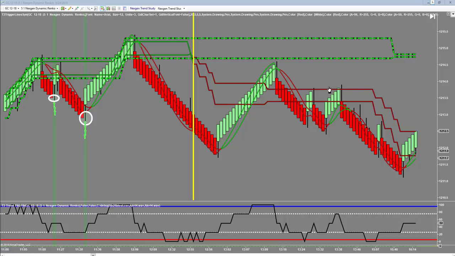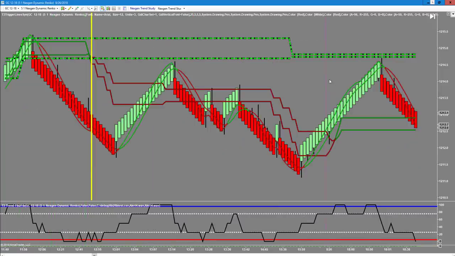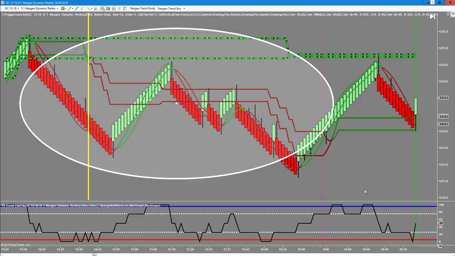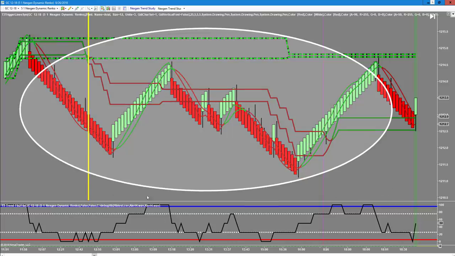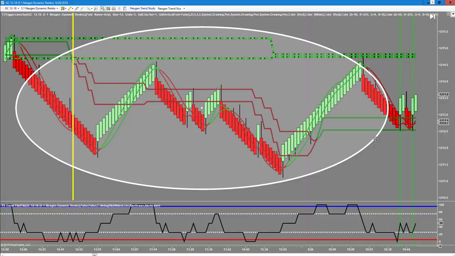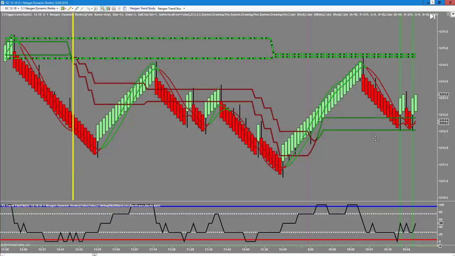So, again, you can see we basically skipped this entire section right here, don't we? I mean, obviously it's from 1 o'clock until 1900 hours, but we skipped this whole section because everything doesn't line up.